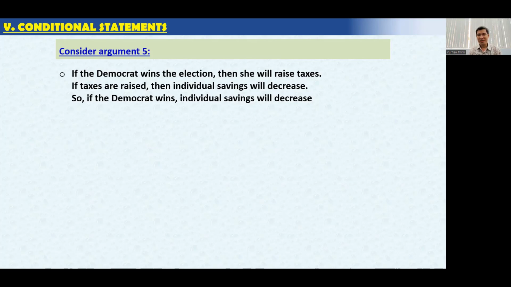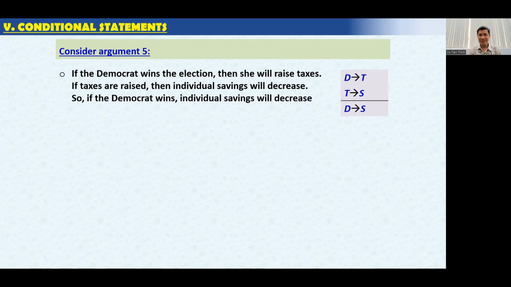Have you figured out the symbolic form? Is it similar to this? If D, then T. D here is the Democrat wins the election. T, raise the taxes.